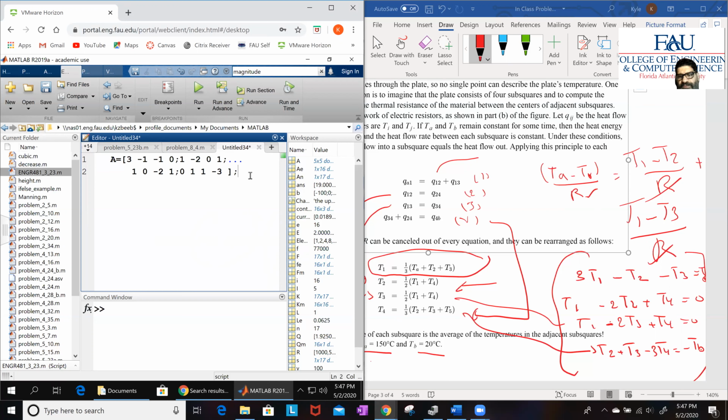So now we're ready to put B in there. B is equal to, open the bracket, 150, 0, 0, and then minus TB, which is minus 20. I'm going to have that, and just do X equals, again using left division.